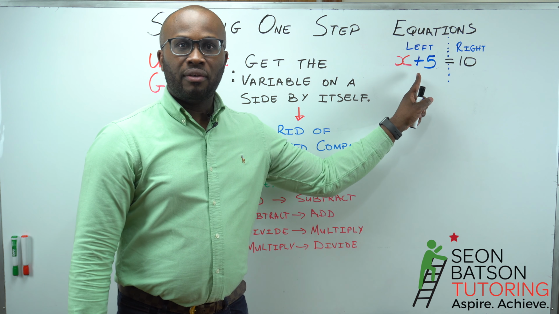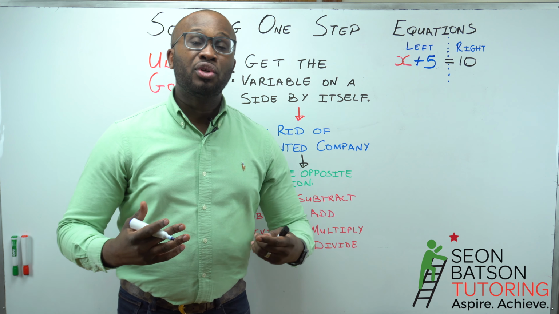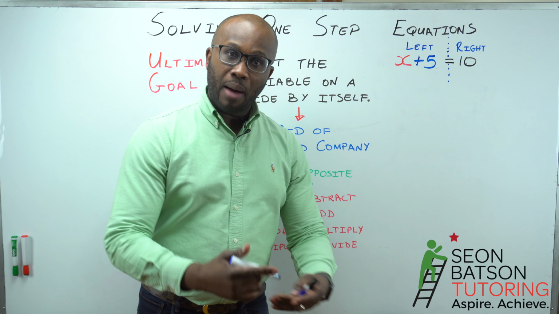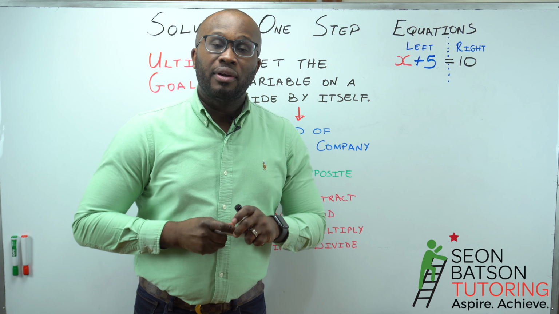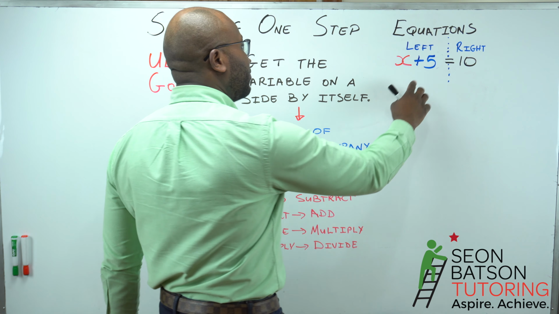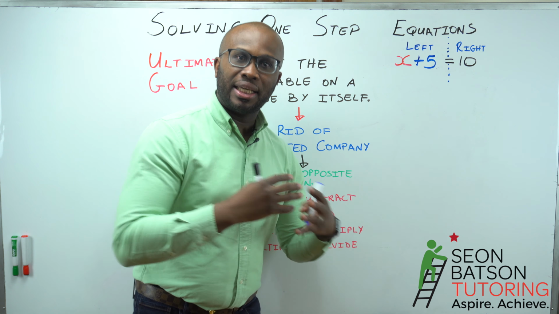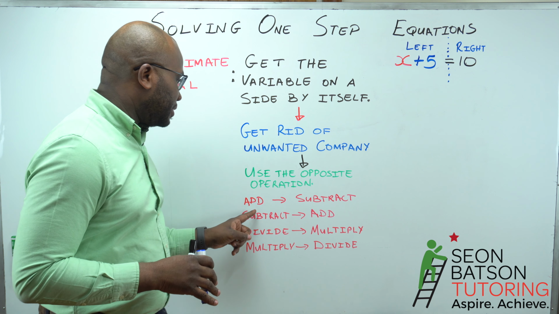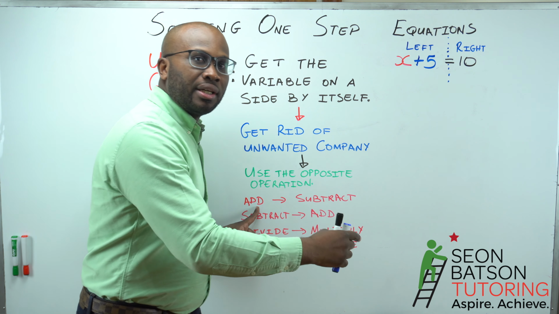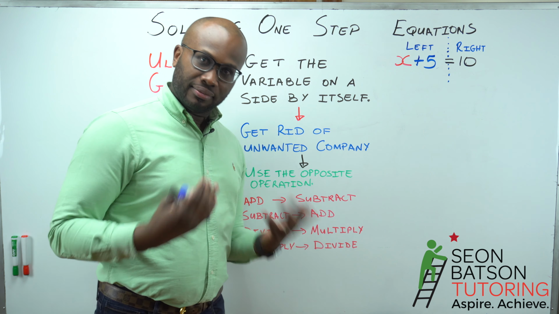So, how are we going to get rid of the 5? Well, we have to use the opposite operation to get rid of the 5. Now, since the 5 is adding, we will subtract to get rid of the 5 because the opposite operation of addition is subtraction. Yes?